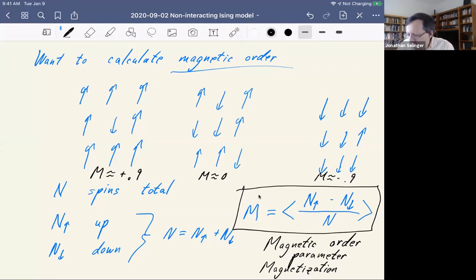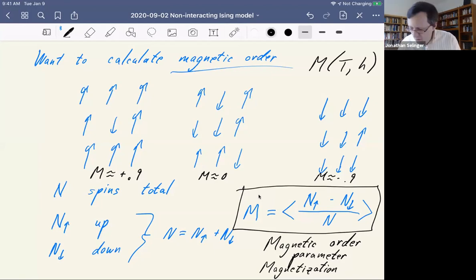So now my goal is to make a prediction for this magnetic order parameter as a function of temperature and applied magnetic field. And then this is going to be a prediction that somebody can test in the lab.